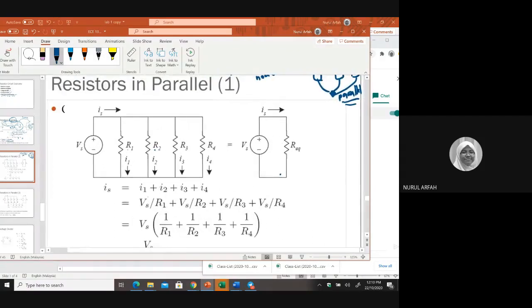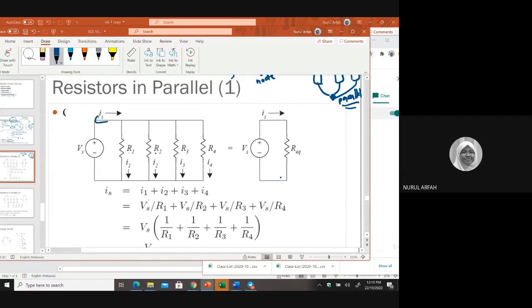So if you have a parallel circuit, you have one single node here or single node here. And then based on that, you can apply KCL. Why KCL? Because at this branch, it will be divided into I1, I2, I3, and I4.